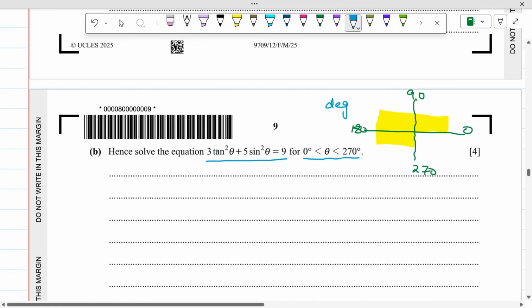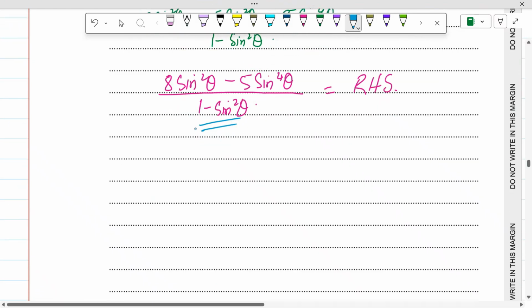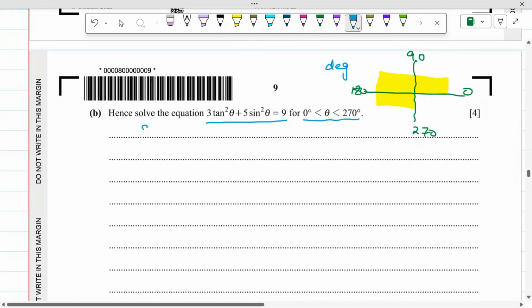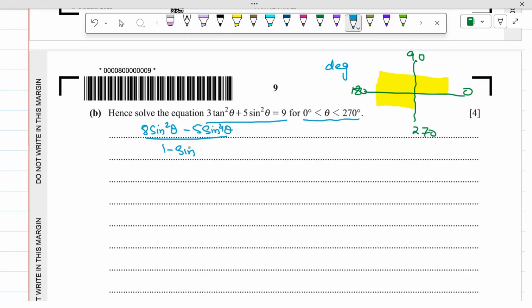So we can say that this value is equal to 8 sine square theta minus 5 sine to the power of 4 of theta over 1 minus sine square of theta, and this is equal to 9.